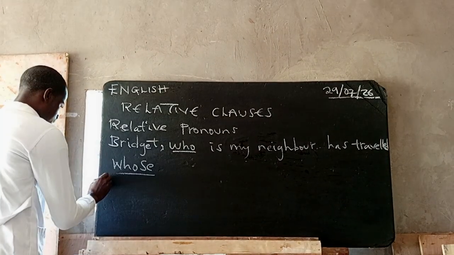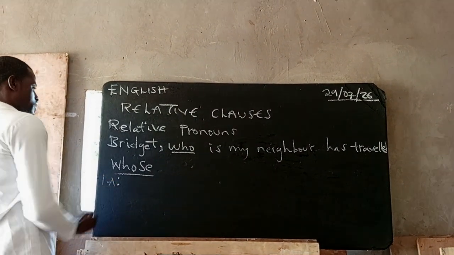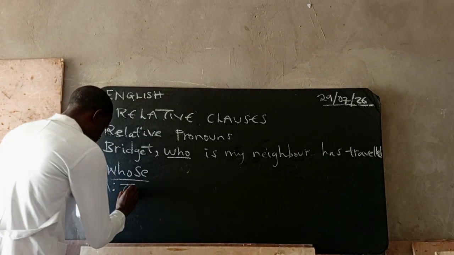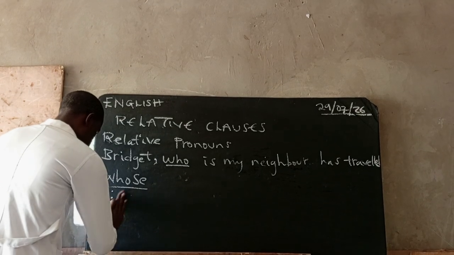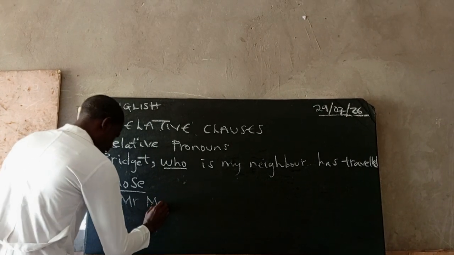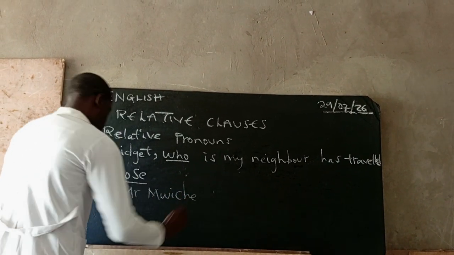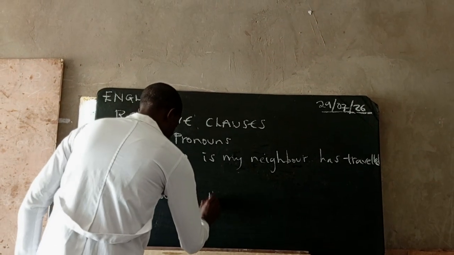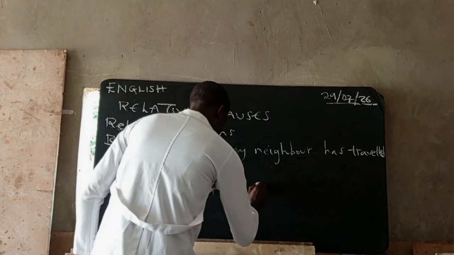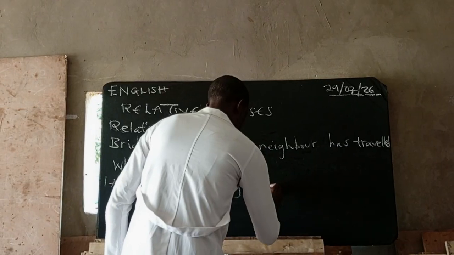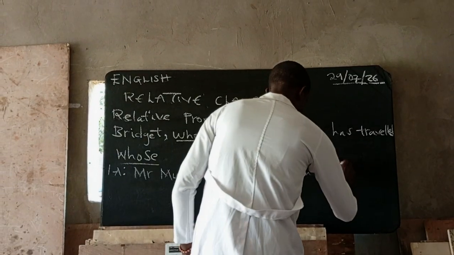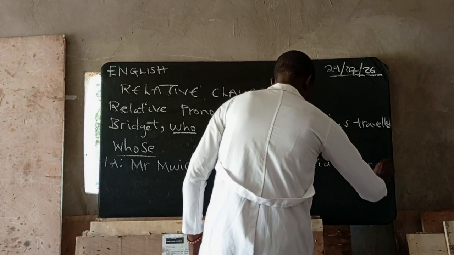I'll give you one sentence, then I'll ask you to transform it. I'll start with a noun. I'll say, Mr. Mwiche plays in Zambia national team.